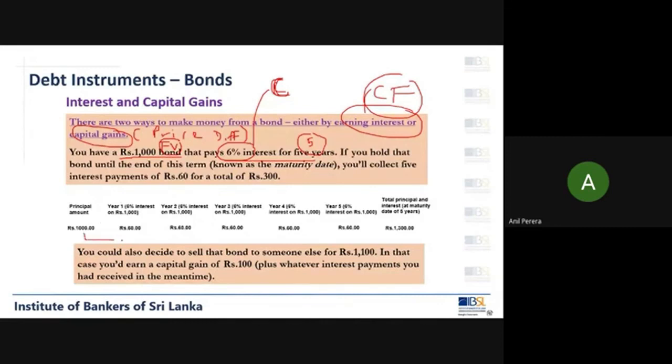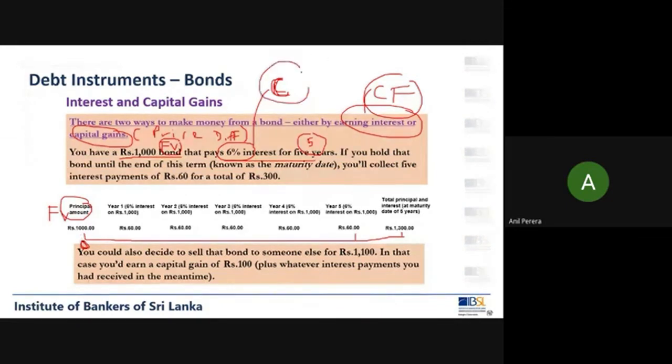So we can understand this from a timeline. If you draw a timeline for a 5-year period, you can understand this. So the principal, the face value, is 1000 at time 0. Now this bond, if you hold it, every year you get 6% as cash income. Why?